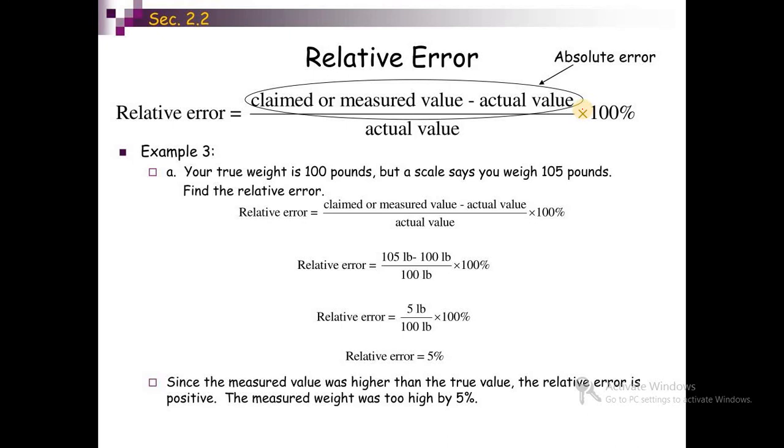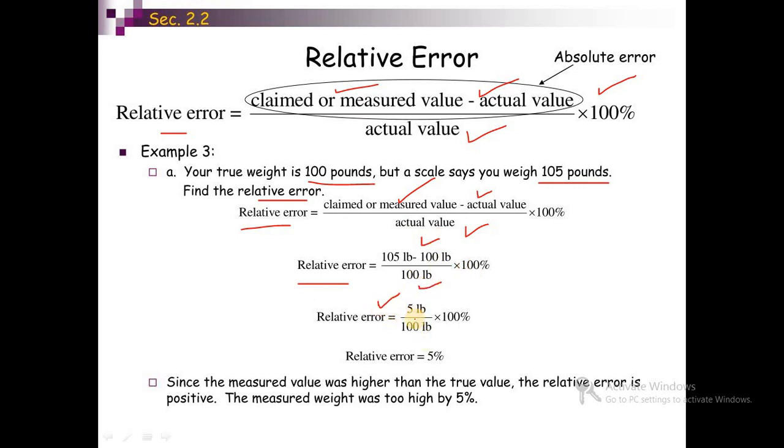And then what about the relative error? Relative error is equal to the difference between the measured value and the actual value, divided by the actual value, times 100%. For example, when the true weight is 100 pounds but a scale says your weight is 105 pounds, the relative error is 105 minus 100, divided by 100, times 100%.